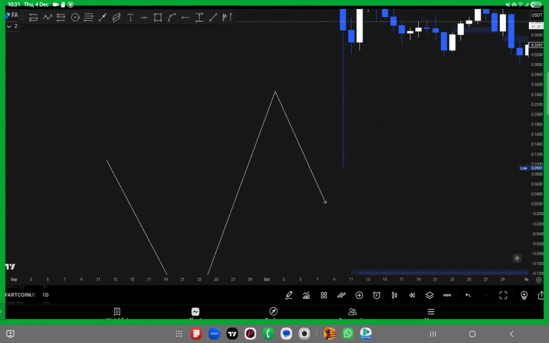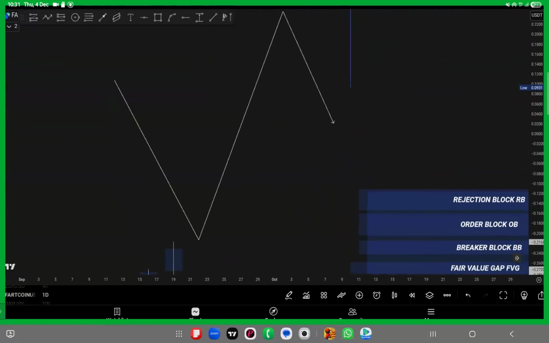So with that said, you want to identify your demand zone from the last red candle. You want to identify your demand zone from the last red candle. Now, that is for the demand zone.